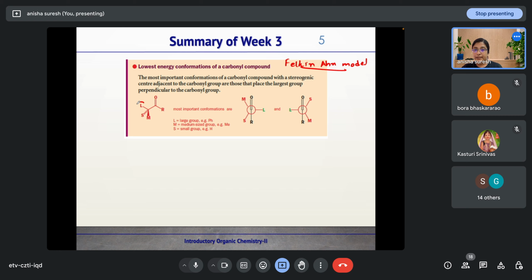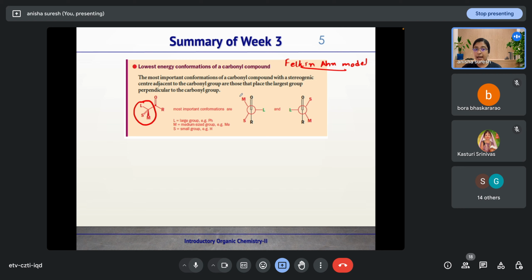So this is the stereogenic center we are having. L is the large group, M medium group, and S is the small group. So accordingly, we can write the Newman projections like this. So this is the first carbon, this is the front carbon, this is the back carbon. So the front carbon is having C double bond O and R, and this is the back carbon.